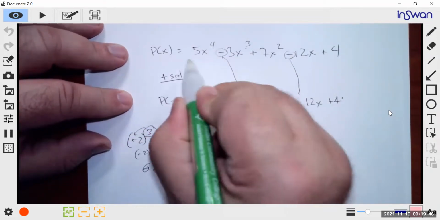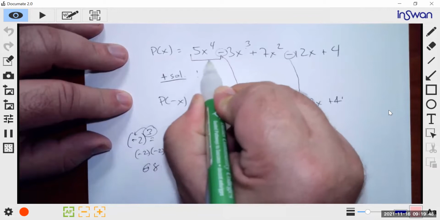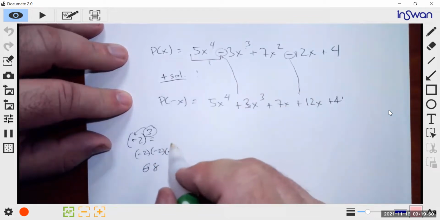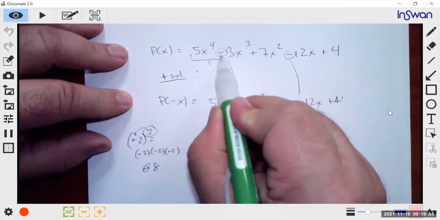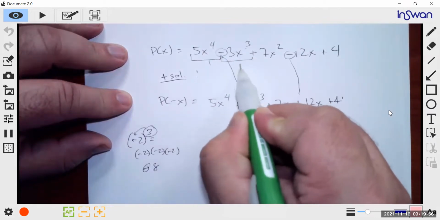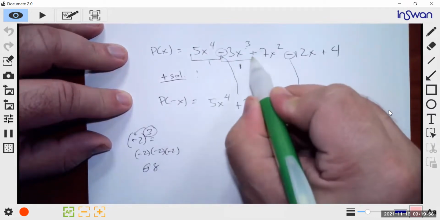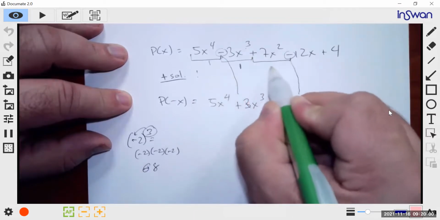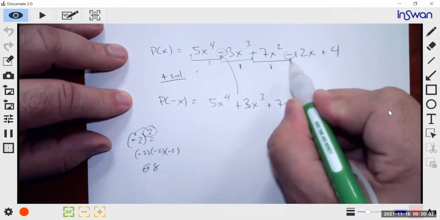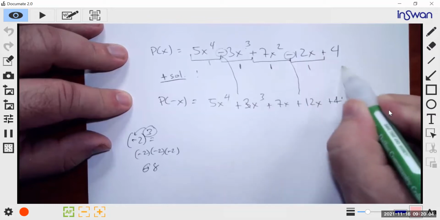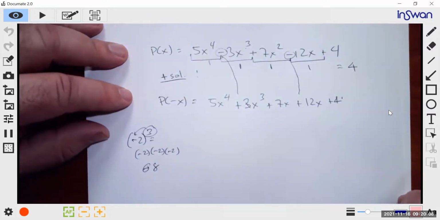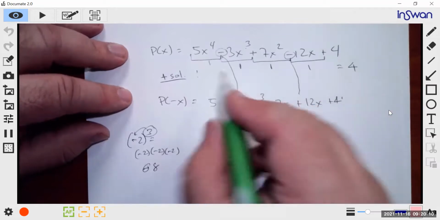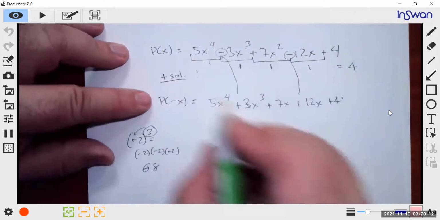Positive solutions. There's one sign change from positive to negative. Then from negative to positive, that's another sign change. From positive to negative. From negative to positive. So there's 4 sign changes, which means what?